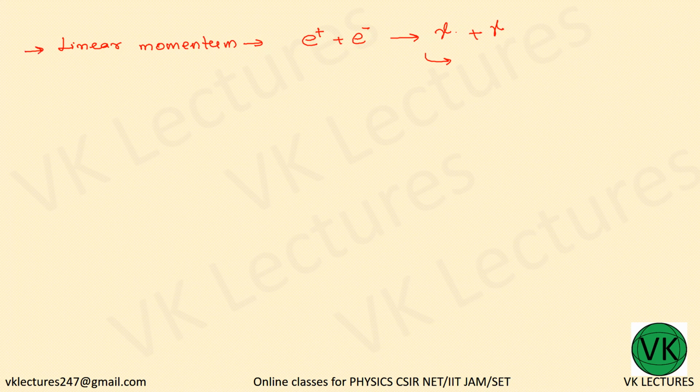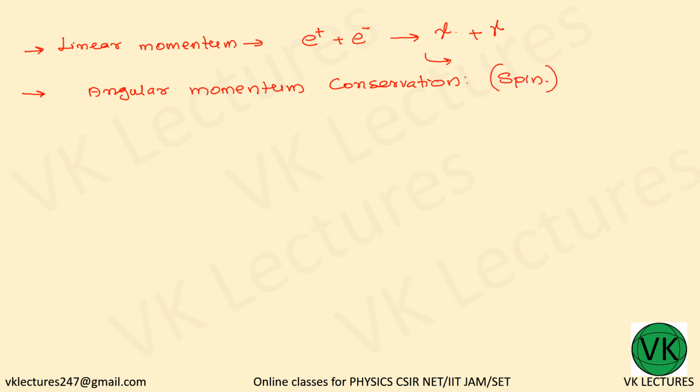Similarly, we have the angular momentum conservation. For angular momentum conservation, we are dealing with the spin of the particle, spin angular momentum, which indicates that the number of fermions on the left hand side should be equal to the number of fermions on the right hand side.